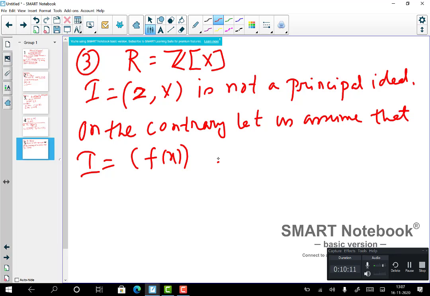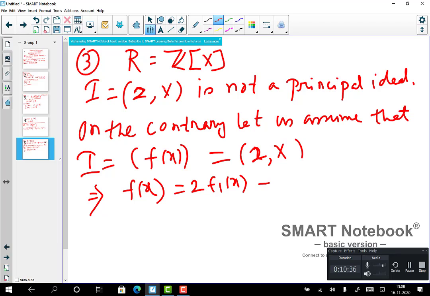That means this is the same ideal. Now if this is the same ideal, then f(x) belongs to this, right? You can write f(x) in terms of 2 times some f1(x) plus x times some f2(x). This is one obvious expression.